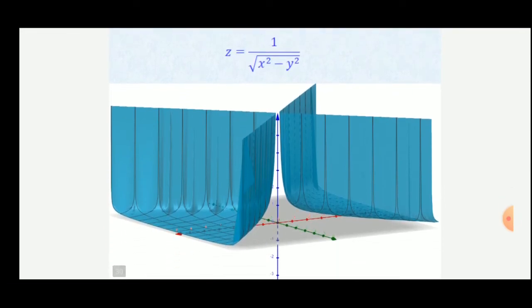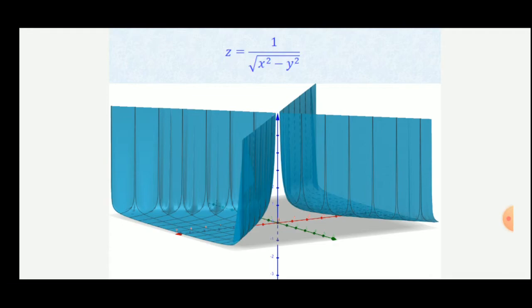Next is the function 1 upon square root of (x square minus y square). So here two conditions would be there. One is there is a square root, and the second one is the square root is in the denominator. So the denominator should be non-zero and the quantity inside the square root should be positive.